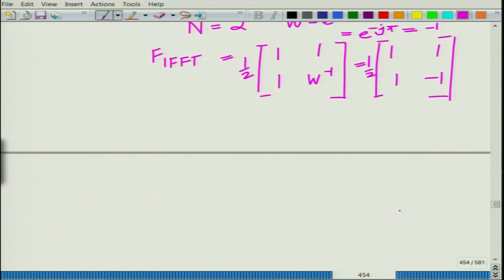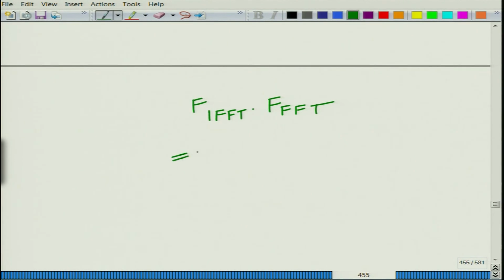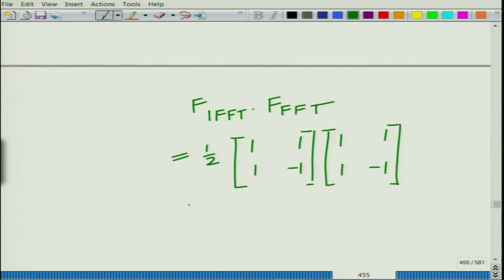And if you now look at IFFT into FFT, this is equal to half times the matrix [[1, 1], [1, -1]] times the FFT, which is again the same matrix [[1, 1], [1, -1]]. Now you can easily see the 1,1 entry will be 1 into 1 plus 1 into 1, that is 2. The 1,2 entry is 1 into 1 plus 1 into minus 1, that is 0.